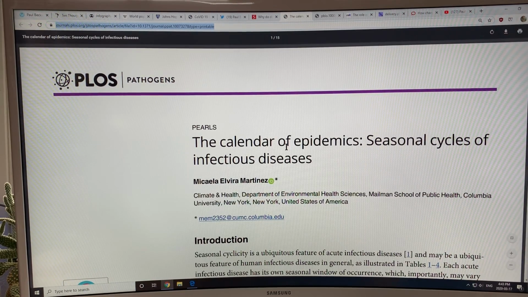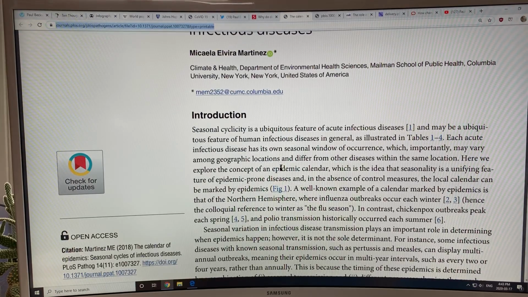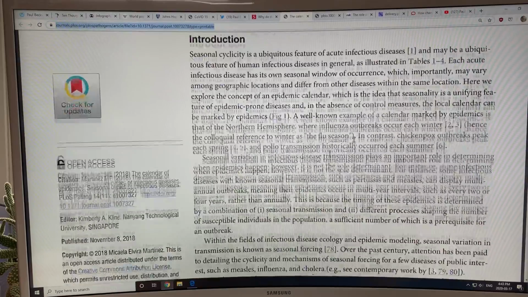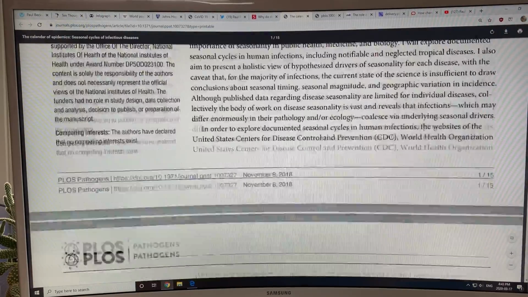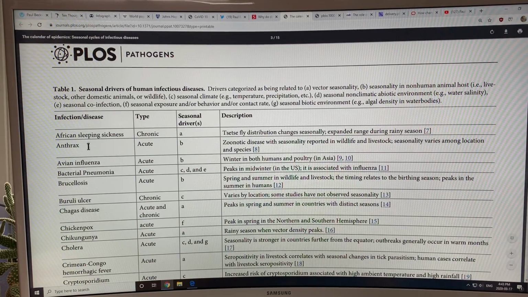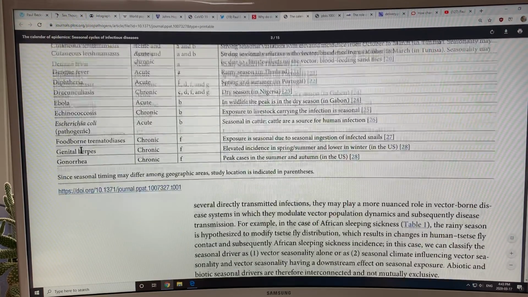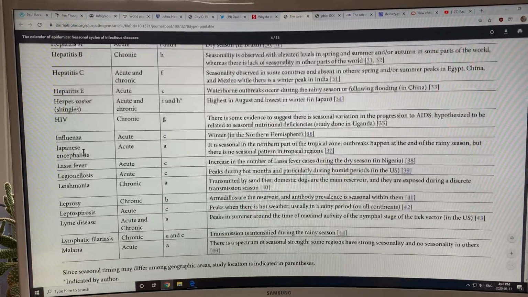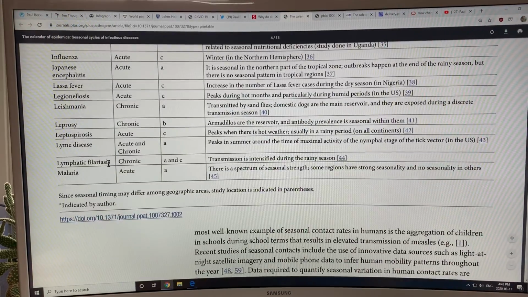This study is a calendar of epidemics, seasonal cycles of infectious diseases. It's a 15-page paper published a few years ago, in 2018. What it does is it looks at all of the different diseases and pathogens in alphabetical order: chickenpox, African sleeping sickness, Ebola, herpes, all kinds of nasty conditions, malaria.